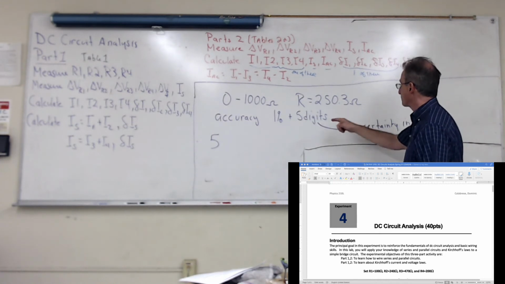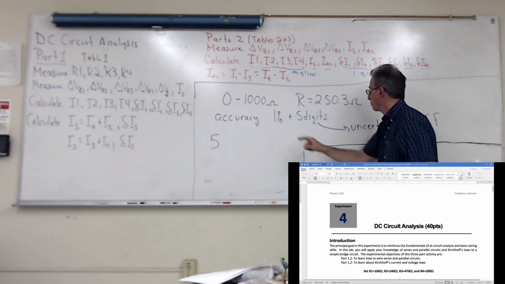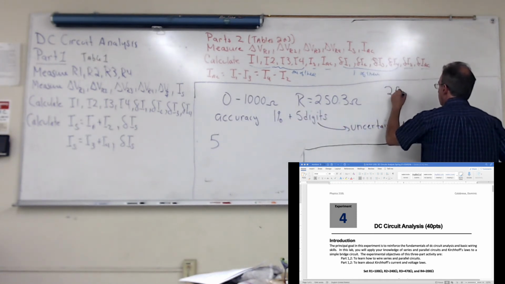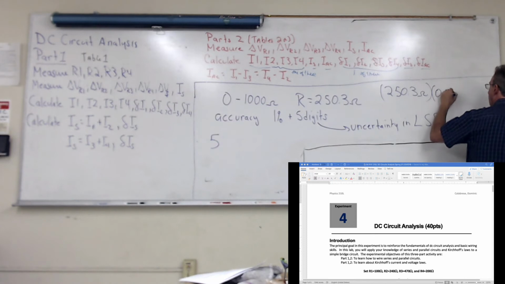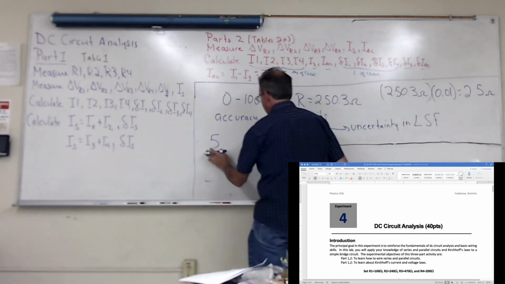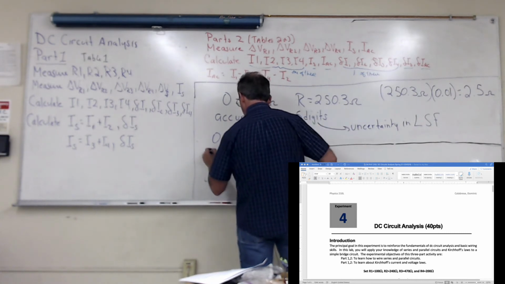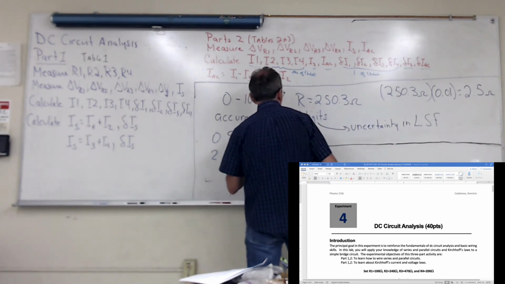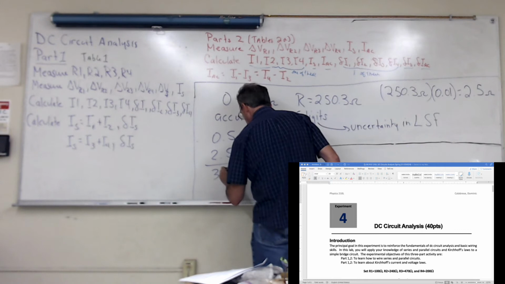Then I also have a 1% uncertainty, so I take this measurement times 1%. And what am I going to get? I'm just going to write 2.5 for now. So I have a 0.5 ohm error because of this, and a 2.5 ohm error as a result of this. My total error is 3.0 ohms.